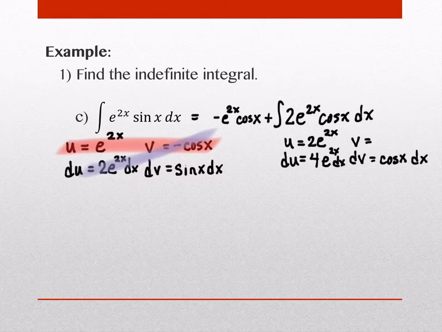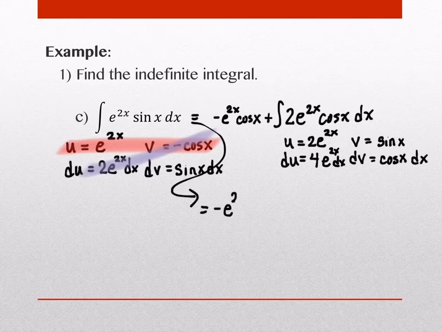And what's the antiderivative of cosine? Sine. Fabulous. All right, so we're going to take this and rewrite it down here now. This equals, I still have the negative e to the 2x cosine x from before. And I have the top now, so plus uv.